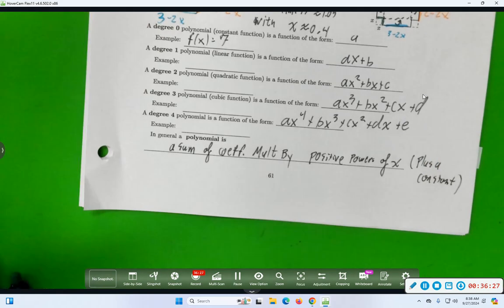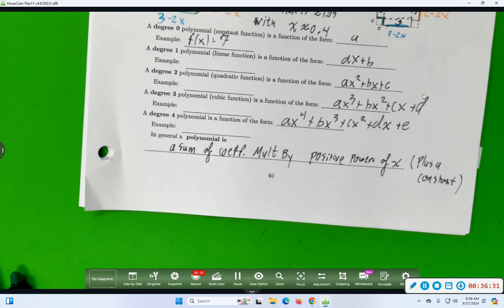Does that agree with all the things above? They're sums of some coefficients next to powers of x. The things in the powers are positive whole numbers. So that's what a polynomial is.